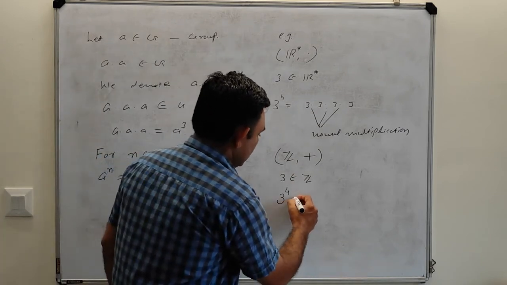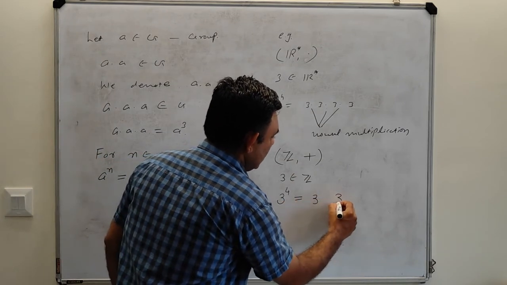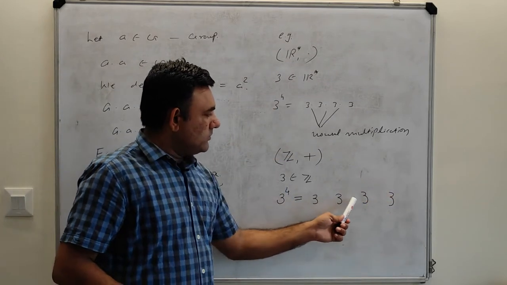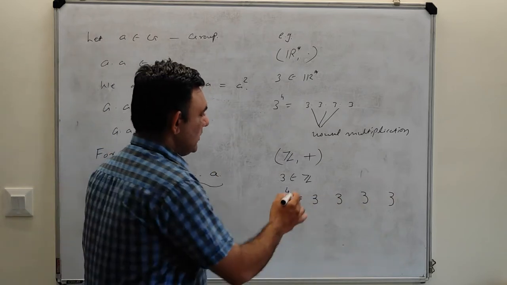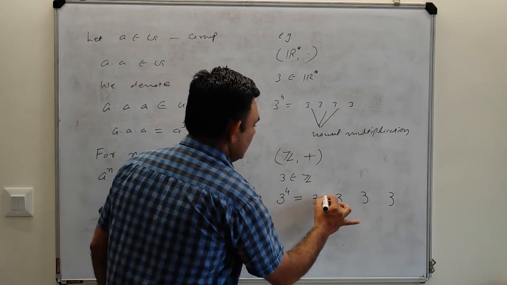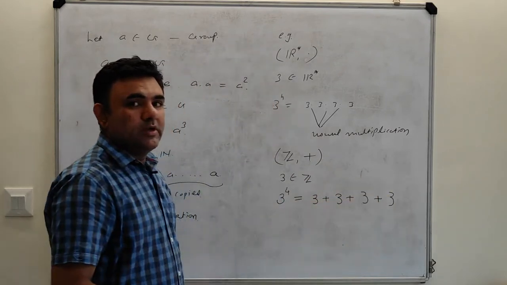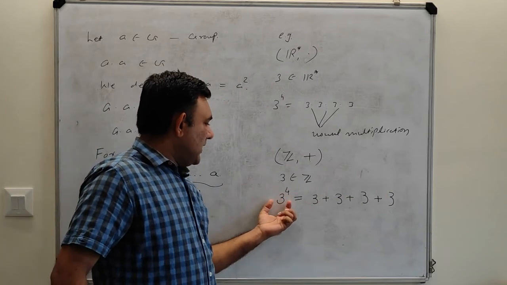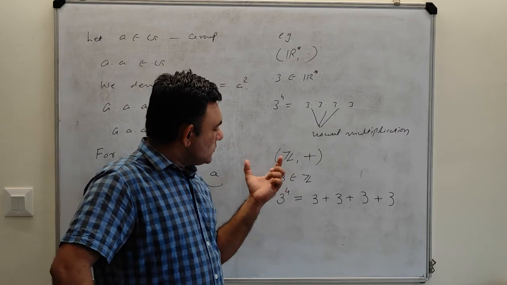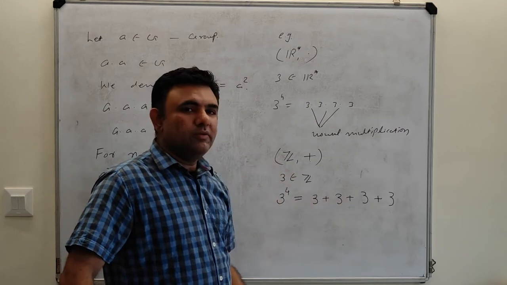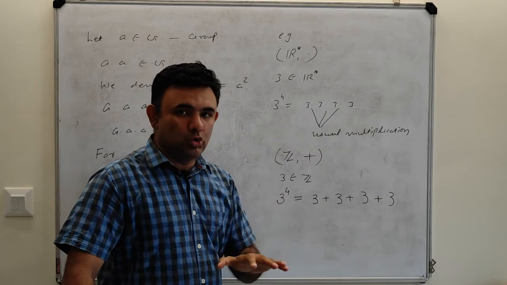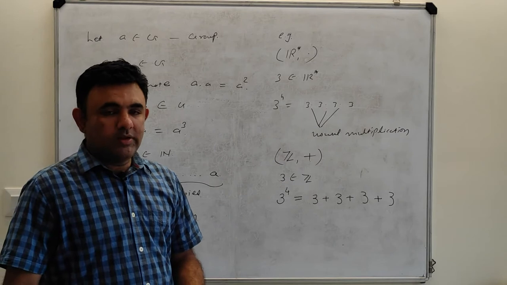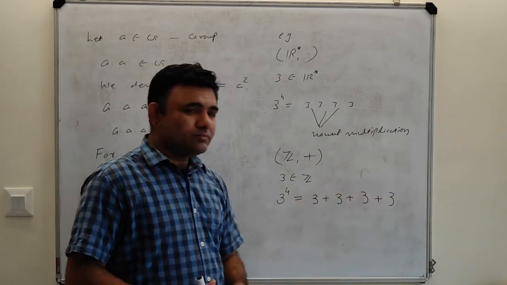Again it is 3, 3, 3, 3, four times, but here the group operation is plus, so it is 3 plus 3 plus 3 plus 3. So when we work in Z with plus, 3 raised to 4 means 3 four times with respect to the group operation. Otherwise 3 raised to 4 would be 81, but here it is not 81, it is 12.